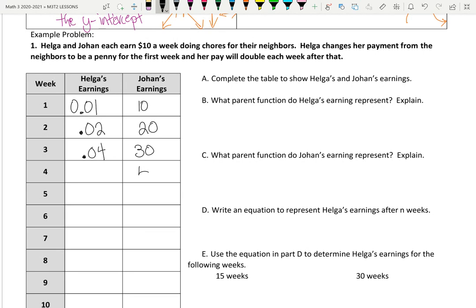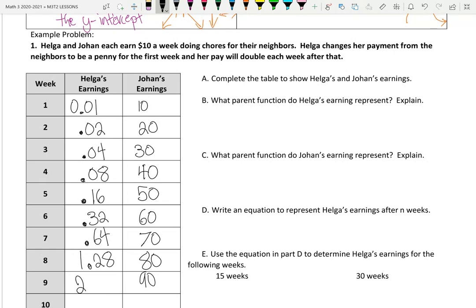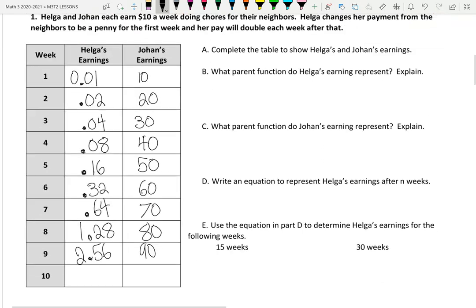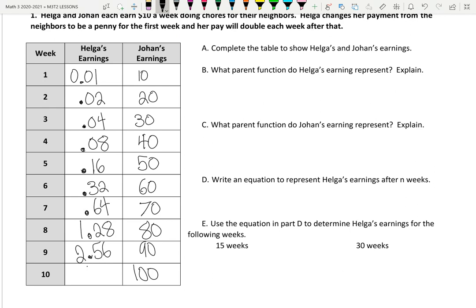Next week, it's going to be $40 and 8 cents. $50, 16 cents. $60, 32 cents. $70 and 64 cents. $80 and $1.28. $90, $2.56, and $100. I got $5.12.